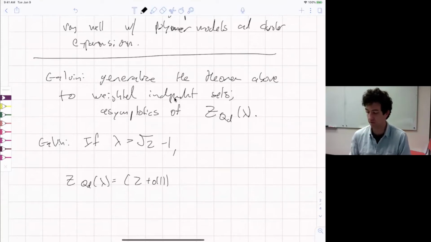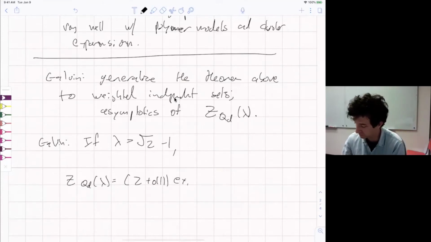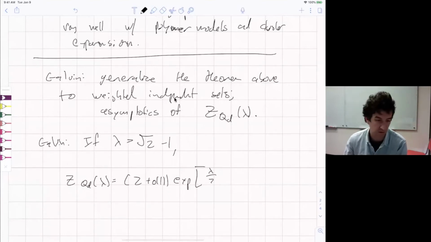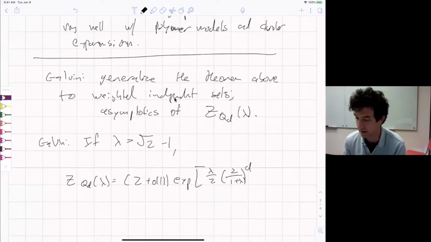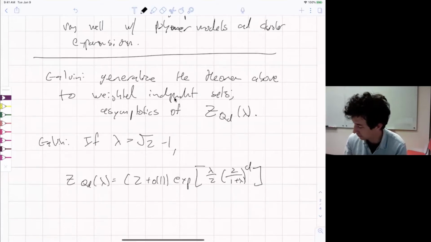So the 2 is for the even and odd sides. Then there's some exponential. And this is lambda over 2, 2 over 1 plus lambda to the d. And then outside the exponential, there's (1 plus lambda) to the 2 to the d minus 1.